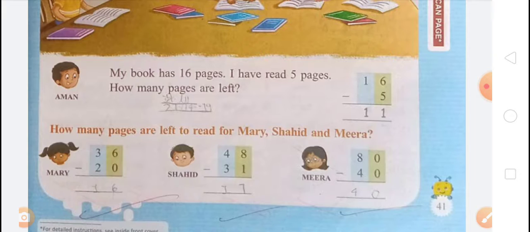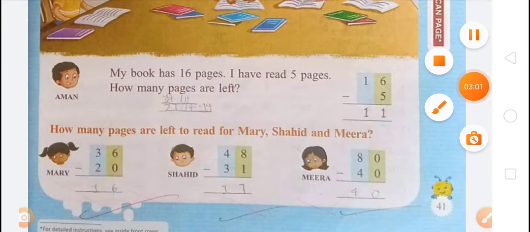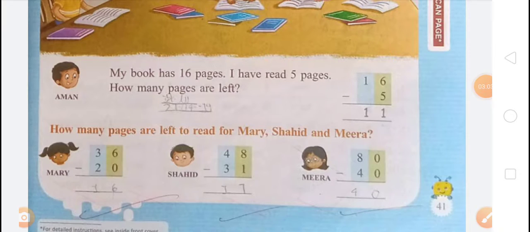So we have to subtract 20 from 36. 6 minus 0 is 6, 3 minus 2 is 1. So Mary has 16 pages left to read.